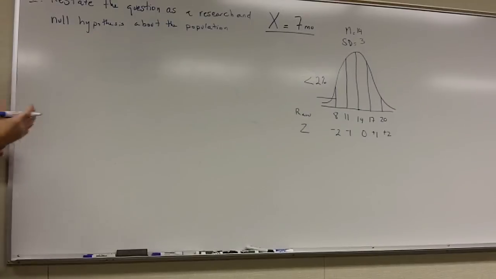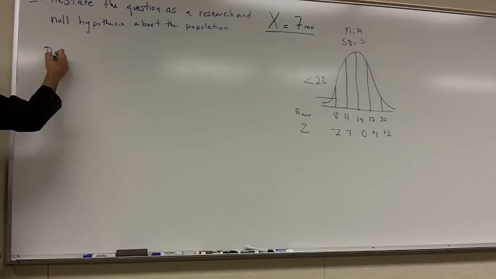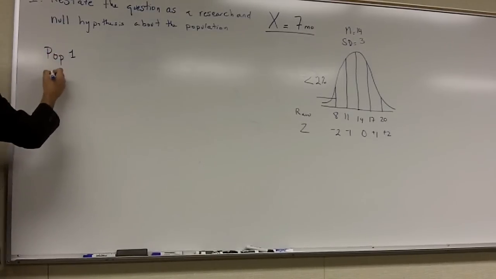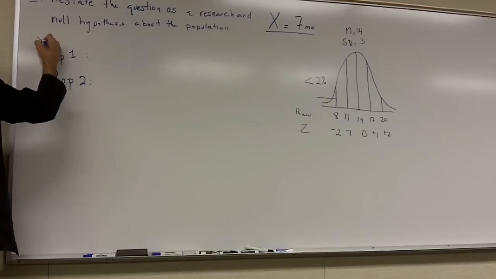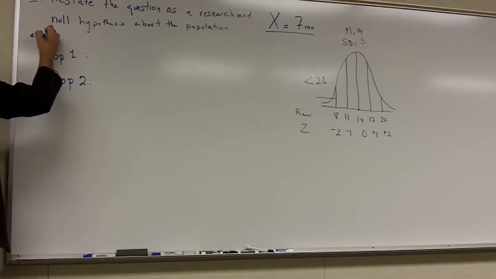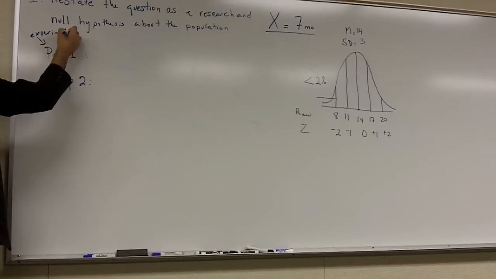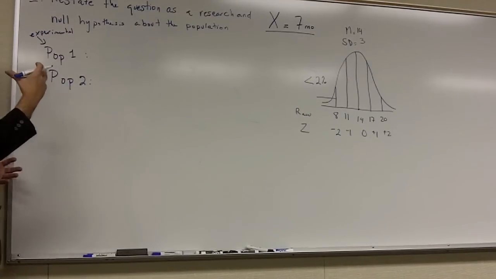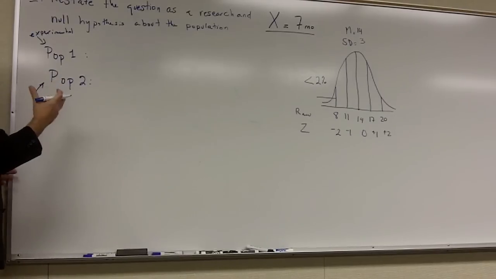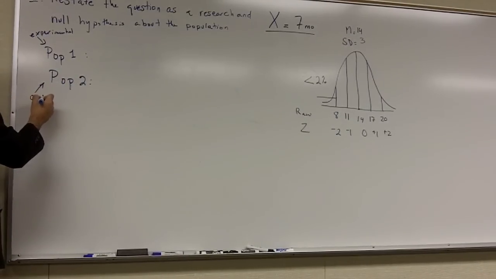So restating the question can be done in a formalized way. You first define your population, POP1 and POP2. POP1 is your experimental population, right? Or what you're going to be doing things to. And POP2 is your general population, what the null looks like. So this is your sort of control.